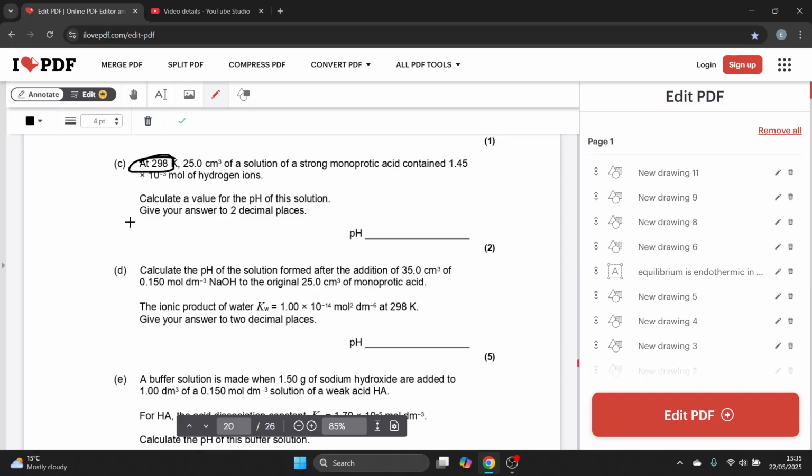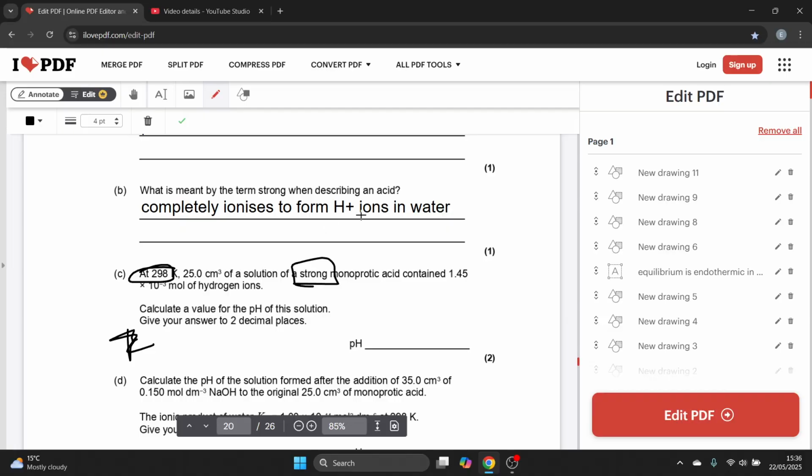So immediately, obviously, I'm thinking about it tells me it's a strong acid, so therefore completely dissociates to form H plus ions.